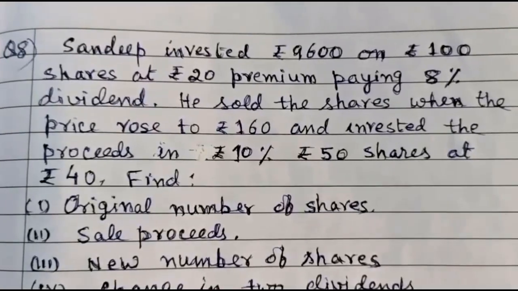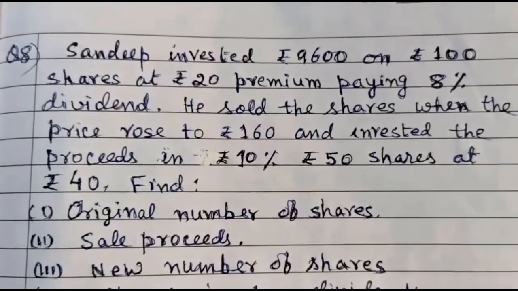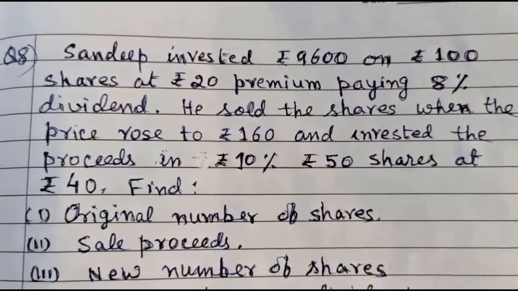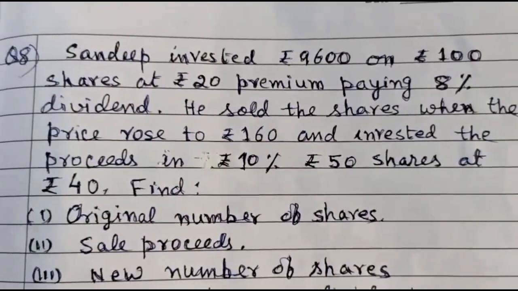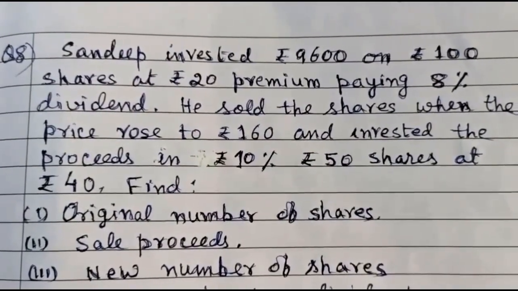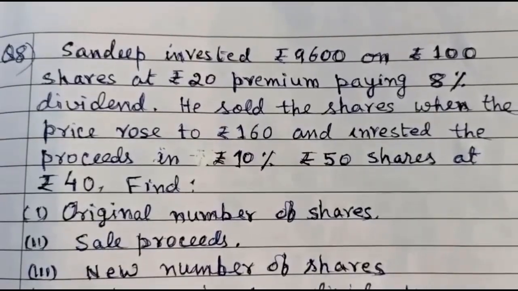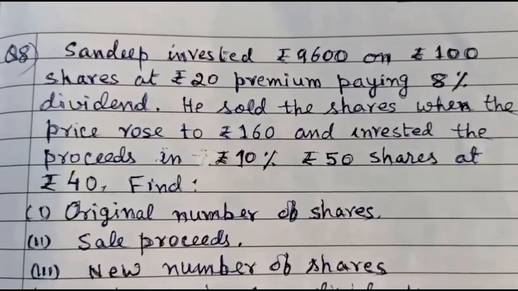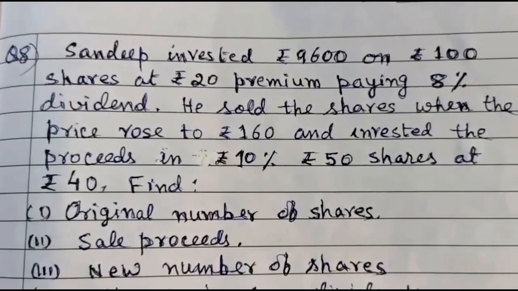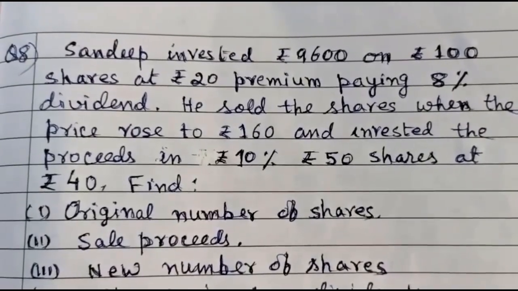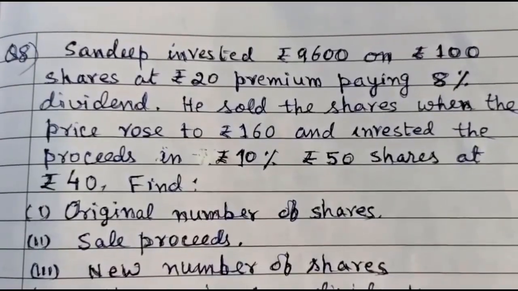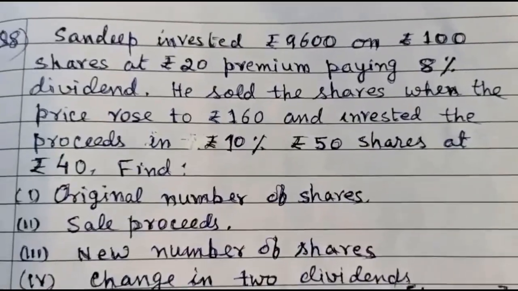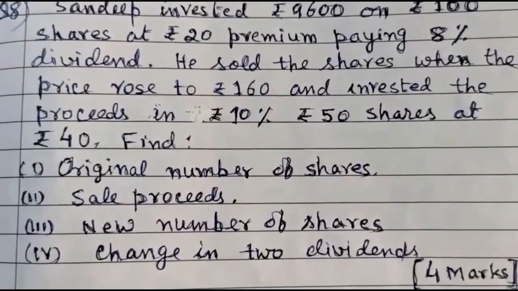Question number 8. Sandeep invested rupees 9,600 on rupees 100 shares at rupees 20 premium, paying 8% dividend. He sold the shares when the price rose to rupees 160 and invested the proceeds in 10%, rupees 50 shares at rupees 40.